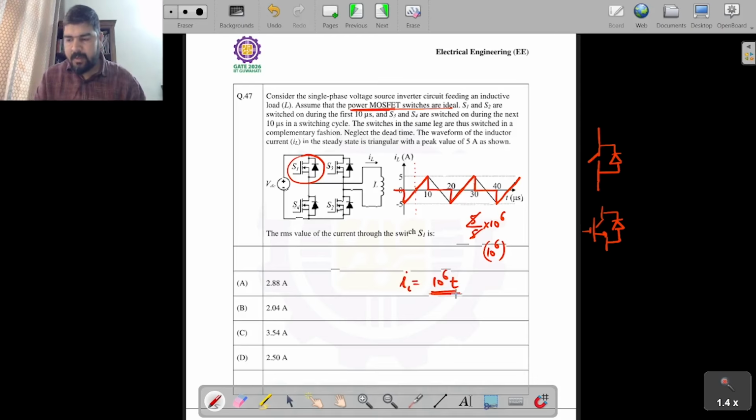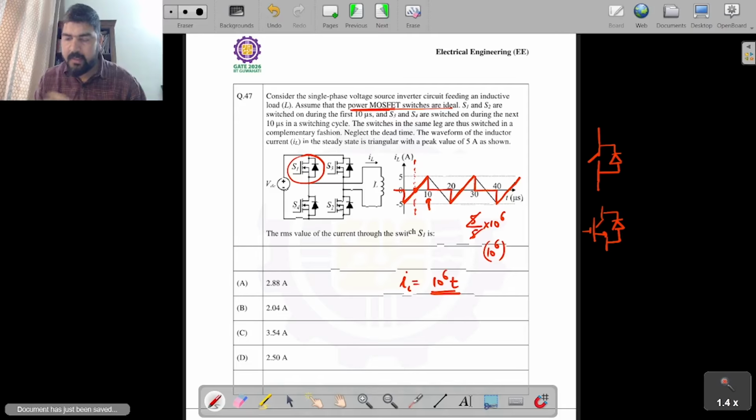This is the expression for this line if I take this as the origin. At t equal to 0, the current is 0, and at 5 microsecond, IL will reach the 5 ampere value.